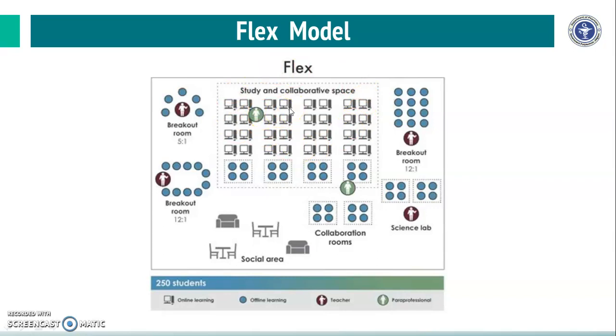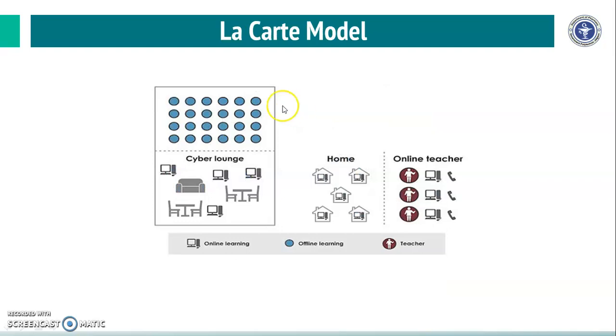Now let us go to another model which is also called the A La Carte model or self-blend model. Here in the case of the self-blend model, the students get the instructions in the classes, but the online course they can join from NPTEL or whatever online resources are available.